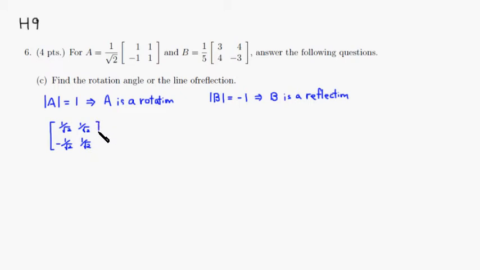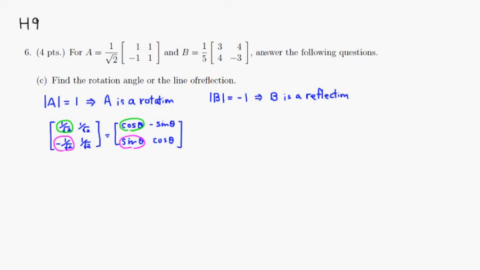You just have to compare this with a rotation matrix, which goes like cosine of theta, negative sine of theta, sine of theta, cosine of theta. So by comparing, the cosine value has to be 1 over square root of 2, and the sine value is supposed to be negative 1 over square root of 2.